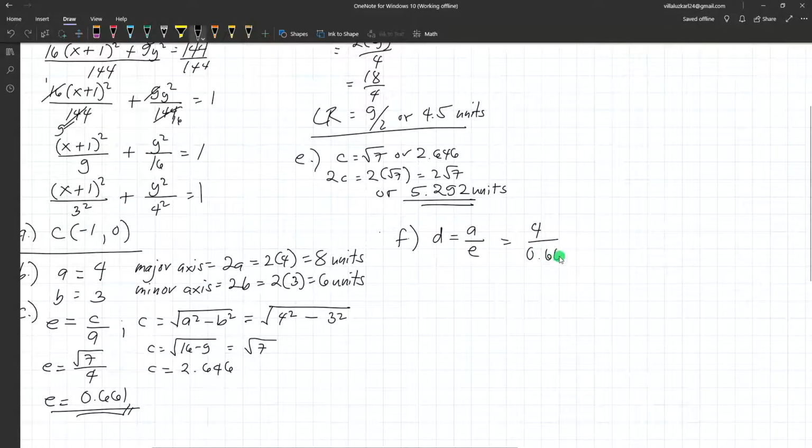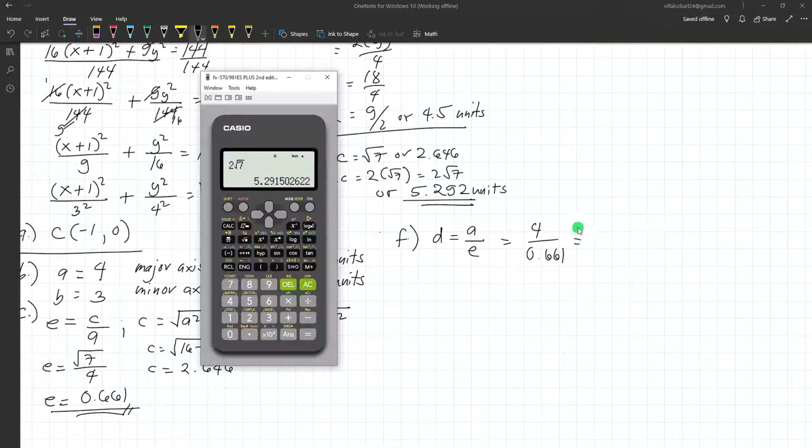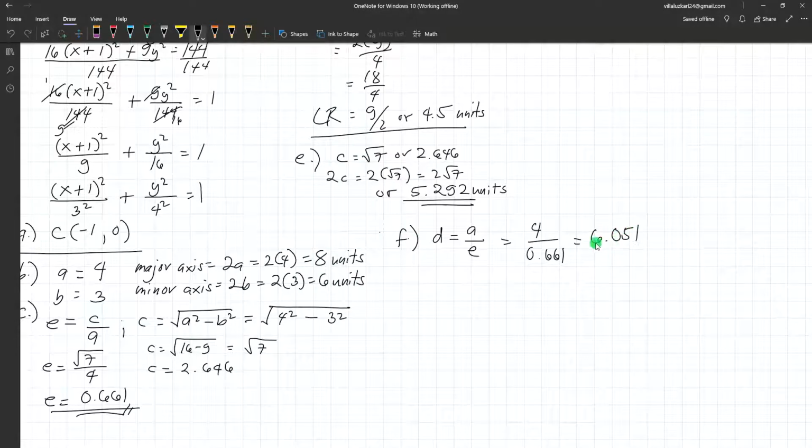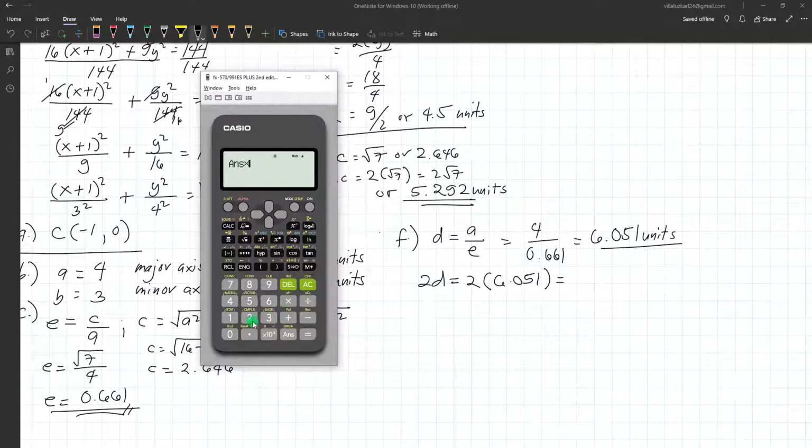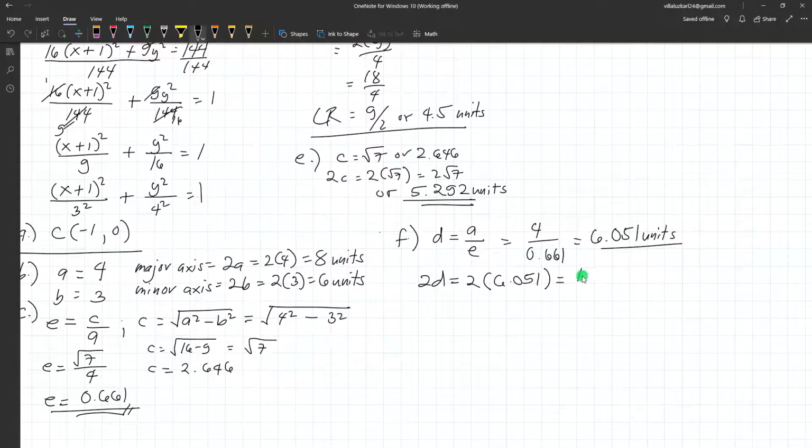Using that, we have 4 over 0.661 equals 6.051 units. So, distance between directrices is 2d. 2 times 6.051, I'll just multiply it by 2. The answer, 12.103 units.